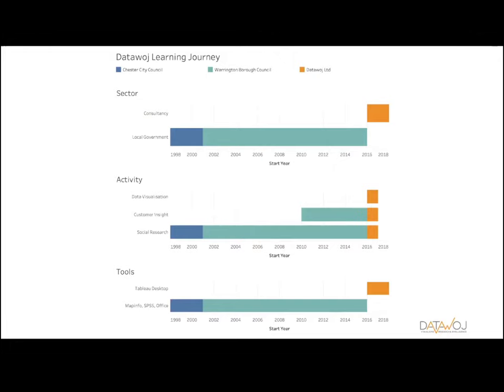And a lot of the work I was doing has been in social research and customer insight, and then moving more into data visualization in the last 18 months. Historically, I'd used a lot of kind of legacy systems and then started using Tableau in the last 2 years. So this has been a real steep learning curve for myself.